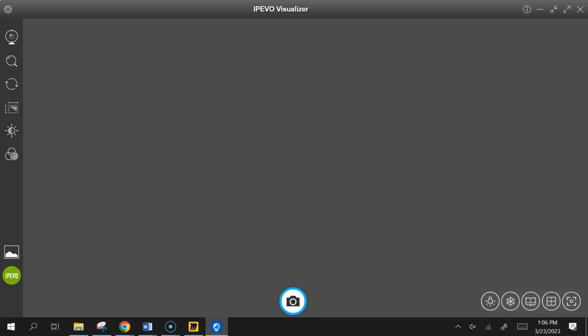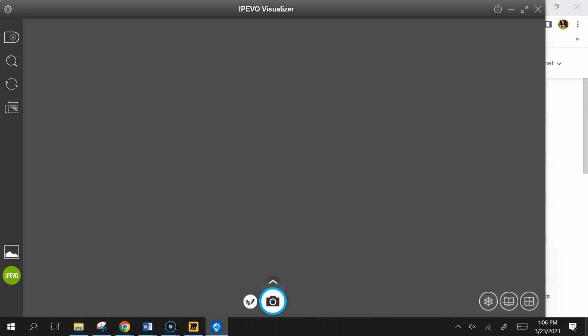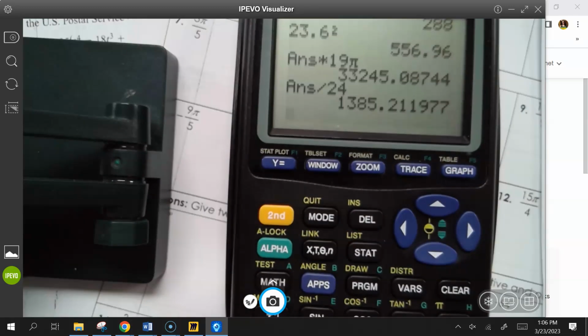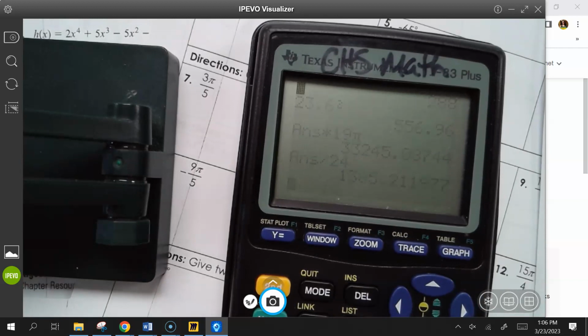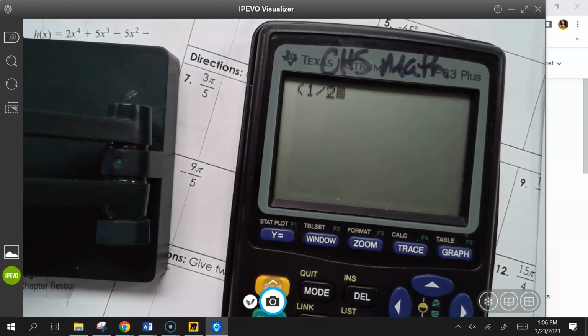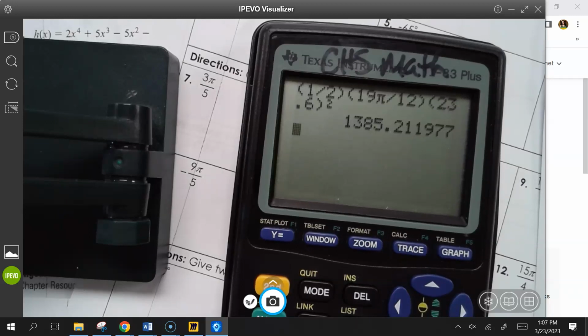Equals 1,385.213, right? One half, any fraction goes in parentheses, times 19 pi over 12, times 23.6 squared. I could have just done that. That's fine.